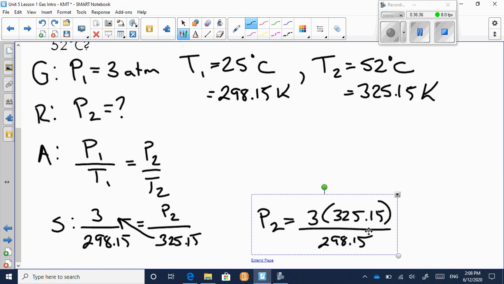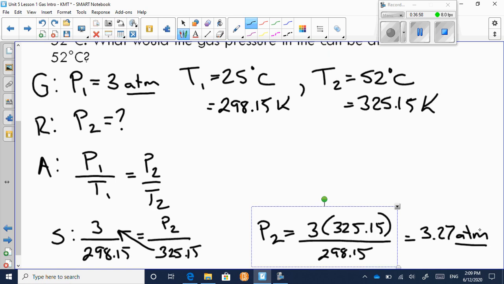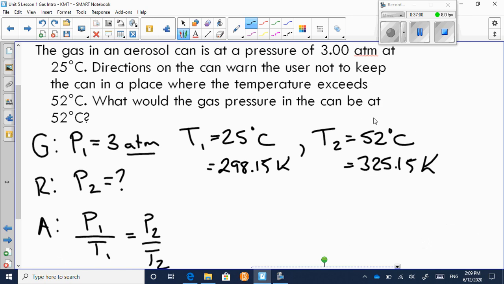Here we go, 325.15 times 3 divided by 298.15, and I get a pressure of 3.27 atmospheres. Remember that your unit has to be the same on both sides, and so that's where I get 3.27 atmospheres of pressure. Okay?